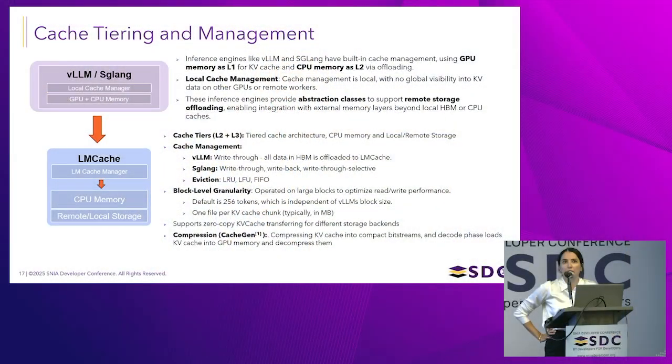In the compression case, there's the CacheGen paper. I think they didn't reduce the accuracy, and they improved performance up to 3 or 4 times, if I remember correctly. This is not a default mode, but a lot of people actually use LMCache because of that.